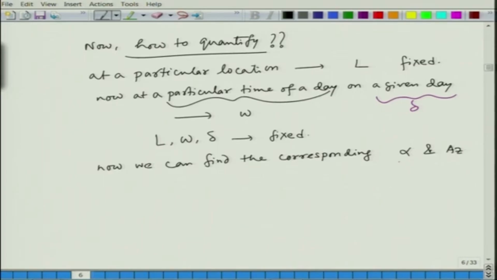So, using the correlations we developed in earlier classes, we can find out these two for a particular location, for a particular day and for a particular time.